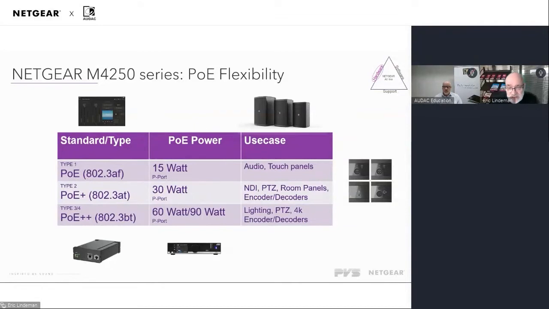For small applications, we have a low power PoE budget. And for the demanding ones, like the amplifiers you see on the left down of your screen, we have a switch that's capable of 90 watts per port. So the amplifier can draw its full power and be fed by the switch. So no electric wires anymore.